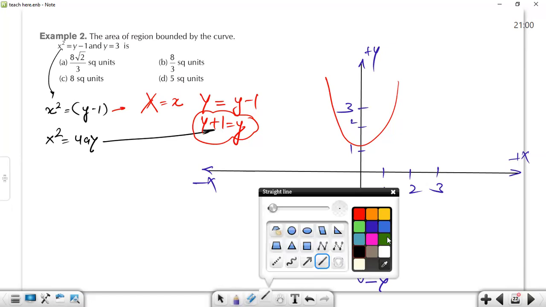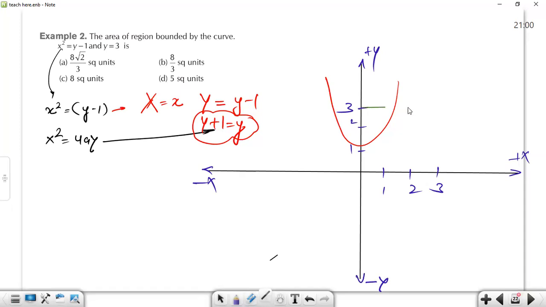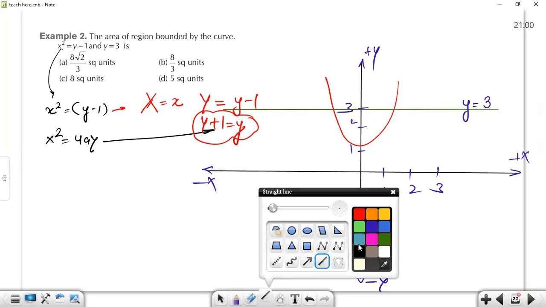Anyone? y is 3 here, and y should be 3 all the time. So the equation of the straight line would be parallel to the x-axis, extending like this. Okay, so this is the straight line y is equal to 3, and the area bounded between these two is this.